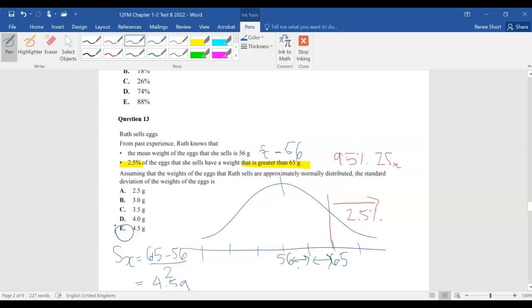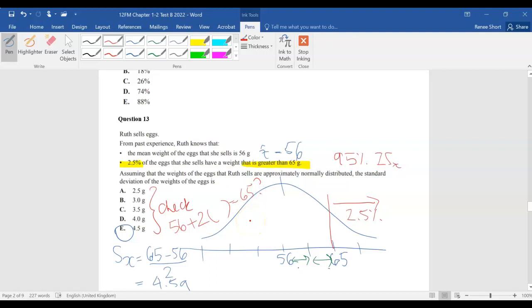Another way that I could do this then, since I know it's 2 standard deviations, is I could check all of these and check if I do 56 plus 2 lots of whatever the number is, do I get 65?